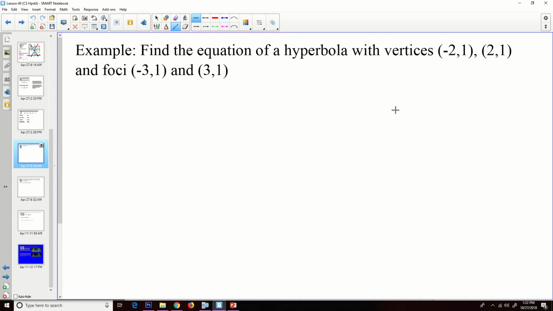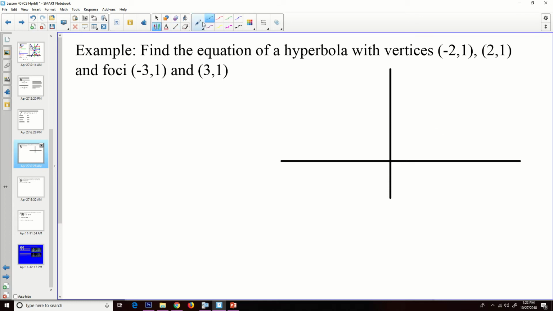So just real quick, off the top of my head, I'm going to draw a picture of this thing. I'm going to place some points. I'm going to say that this right here is 1. And so I'm going to go -3 there, -2, 2, and +3 there on my x-axis and my y-axis.